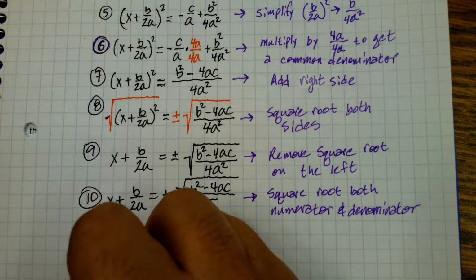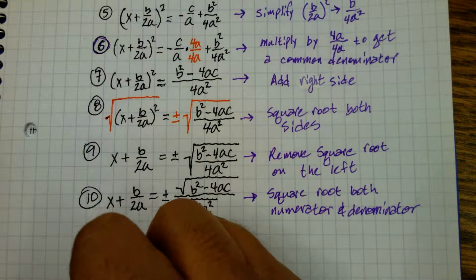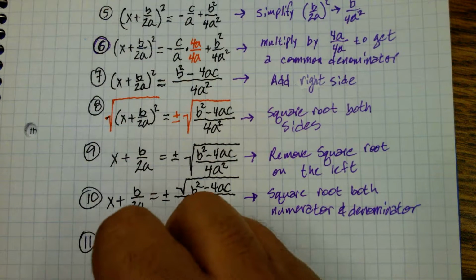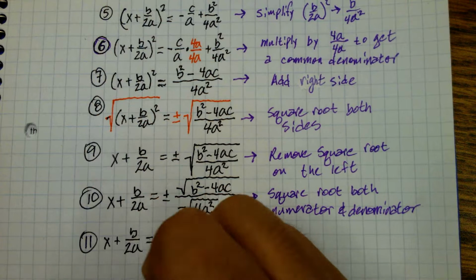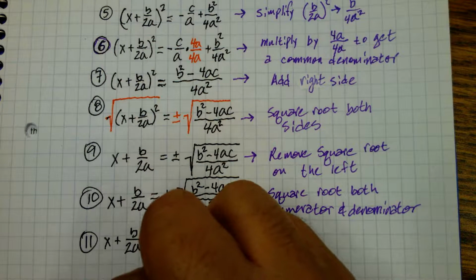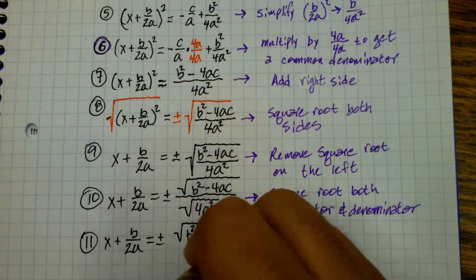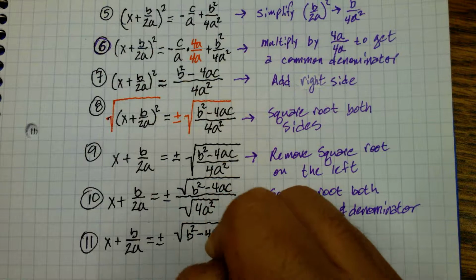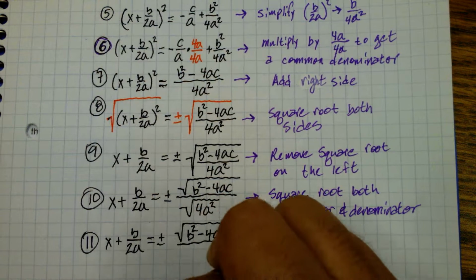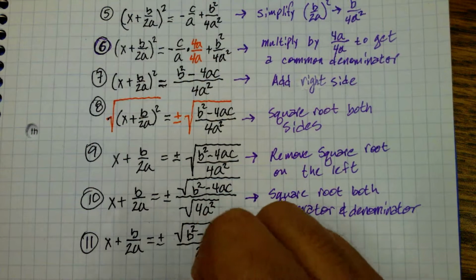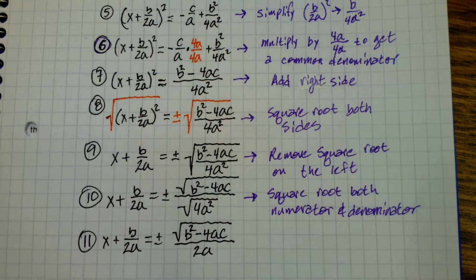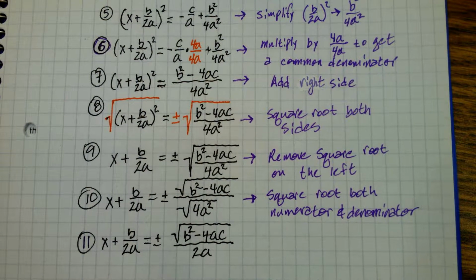X plus b over 2a equals plus or minus the square root of b squared minus 4ac over 2a. Okay. And there we just basically simplified the denominator.